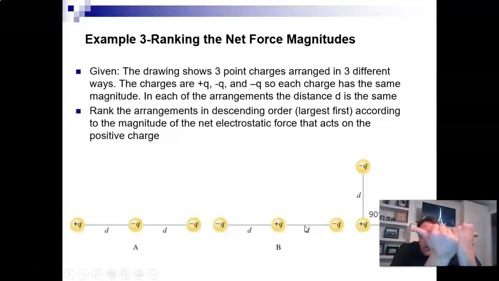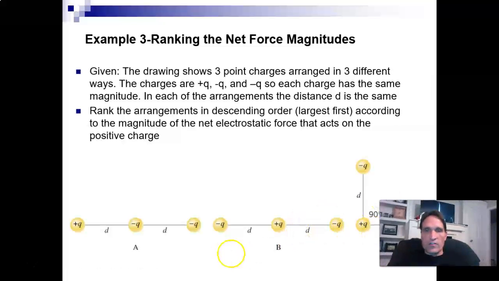So now we have 2 vectors pointing in opposite directions with equal magnitudes. So the net force on plus Q is 0. The force is balanced. The charge on the right exerts an equal attraction to the middle charge as does the charge on the left. So that one has 0 magnitude. Okay, so we know that B is going to be the smallest.